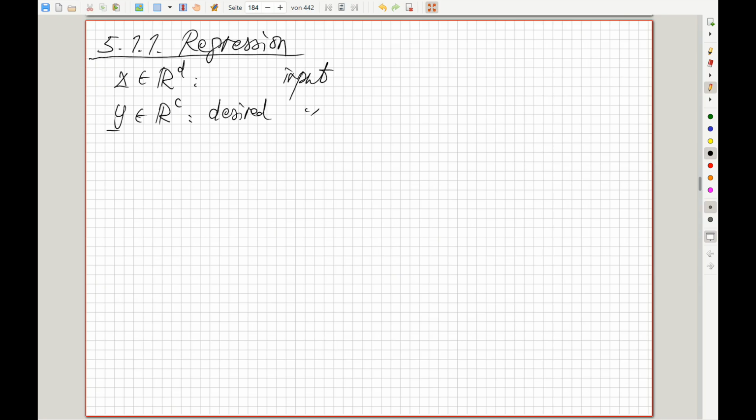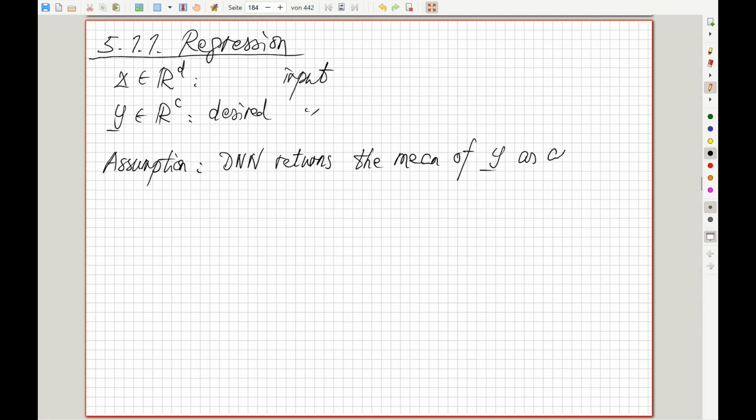And now, what's the function of Q? And what's the role of the deep neural network? Now we make the following assumption. Namely, our neural network DNN returns a certain output, and the output has a physical meaning: it returns a mean of the random output Y as approximation.